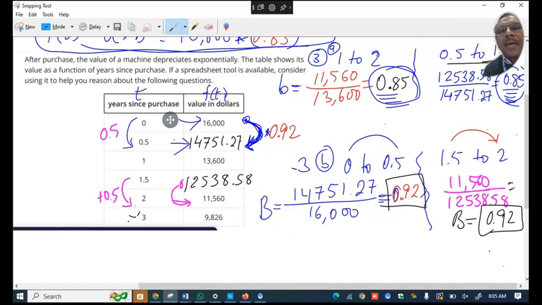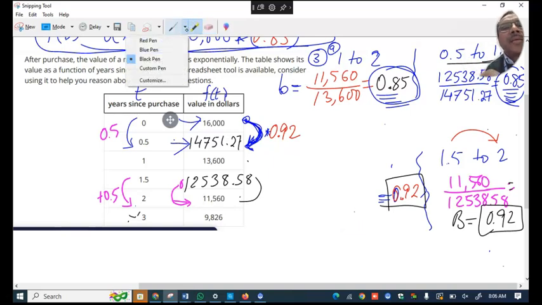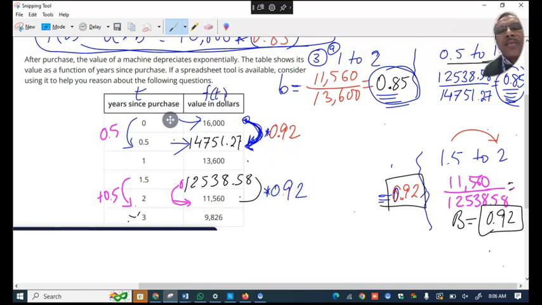So I'm going to write here, this also goes from 1.5 to 2. Okay, let me wipe this off because we already know the answer. So now that I know this is 0.92, this is times 0.92. Okay, but from here to here, watch this.